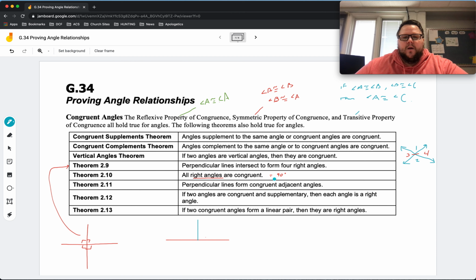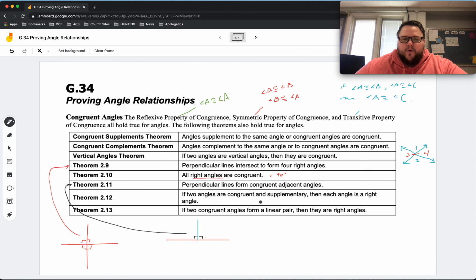They form two congruent adjacent angles. Why do they do that? Because they form 90-degree angles. And remember, the box means that we're drawing 90-degree angles. So that's Theorem 2.11.